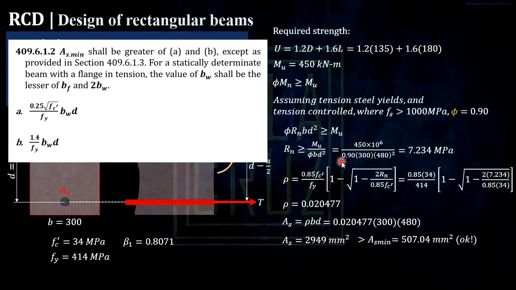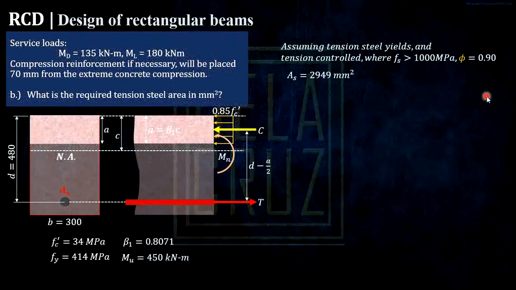What remains for us to prove is whether it is singly reinforced or not. Fs is 1000 MPa here. So what will we do? We will let Fs equal Fy, because our strength should not exceed the yielding strength, even though our Fs here is 1000 MPa.